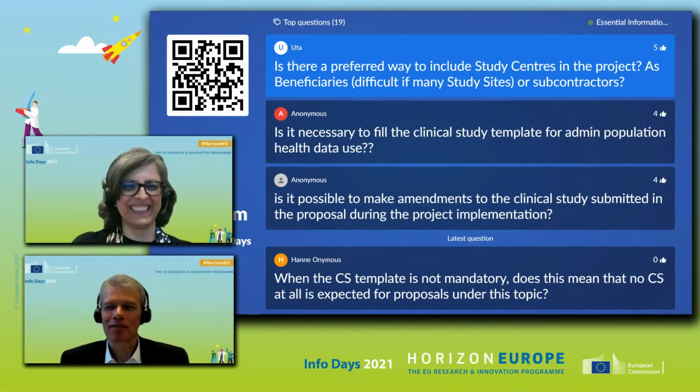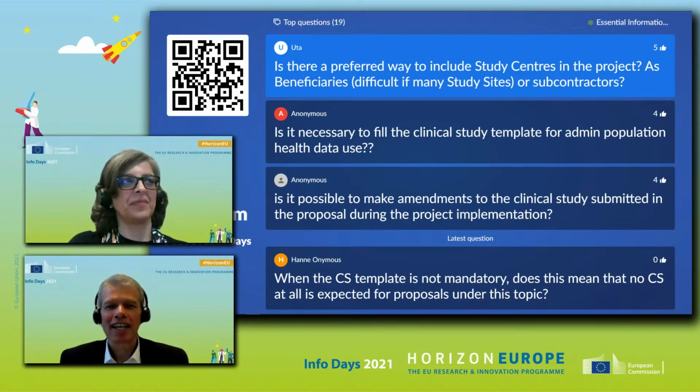We have a whole group of legal and financial experts who know the ins and outs of who can be a beneficiary and how to bring them on board even during the project implementation. So I would not like to give you half correct answers. So we will come back to you. We will save all these questions, and then you can see this as a follow-up.